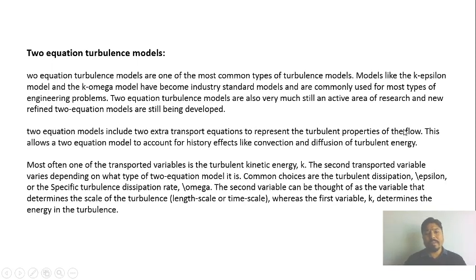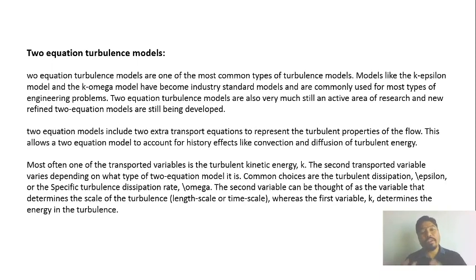Now we have one equation models and two equation models. One equation models mean there is one driving parameter, and two equation models mean there are two driving parameters. We will see in our classification which models are categorized as one equation models and which come under two equation models.